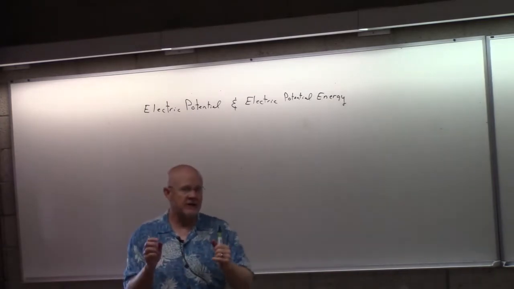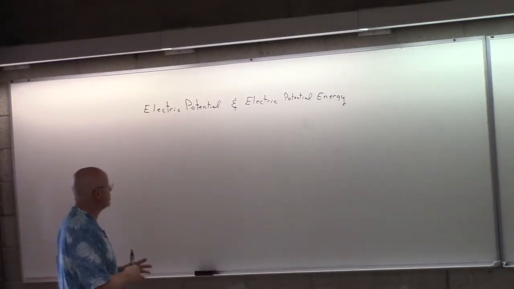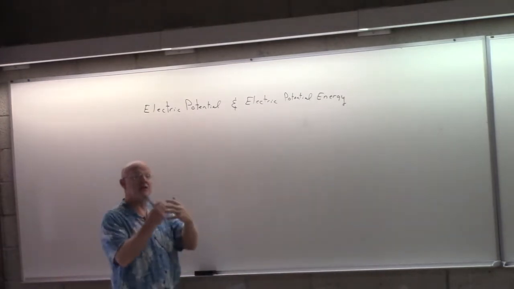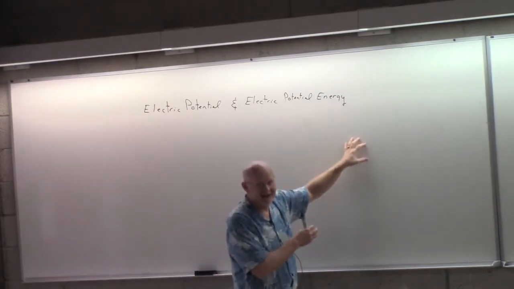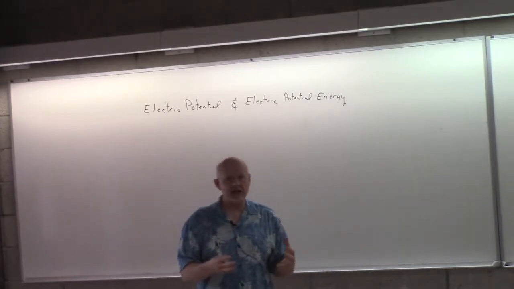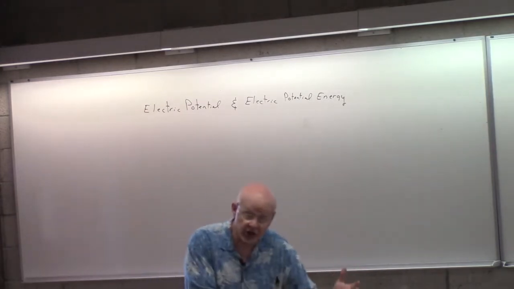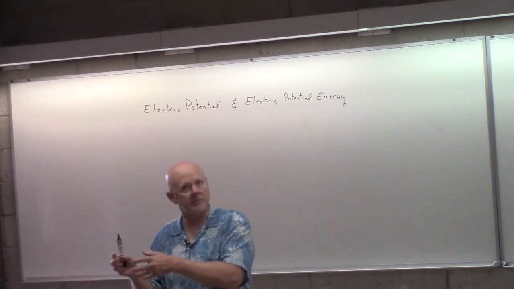In fact, sometimes we even get lazy and don't say the whole word. We just say potential, and one is called electric potential. Please don't confuse it with electric potential energy. They are very easy to confuse, because you can see that one is an energy and the other one is something new, something that we've got to talk about, electric potential.